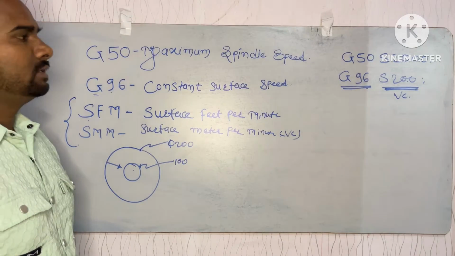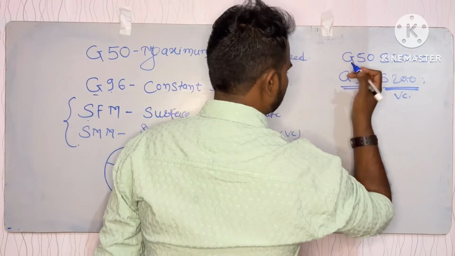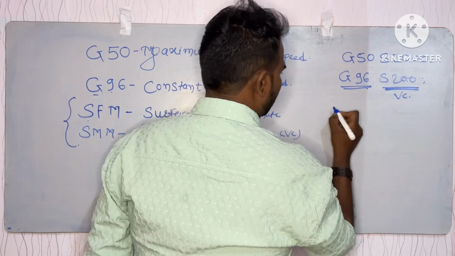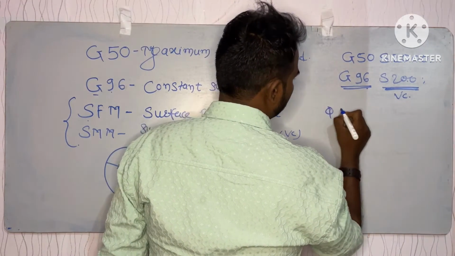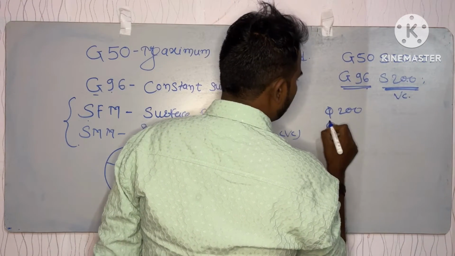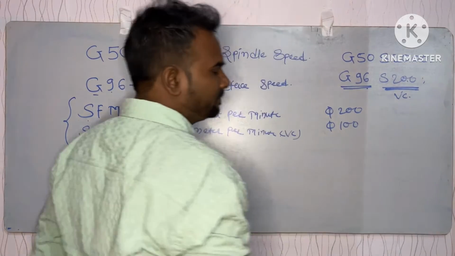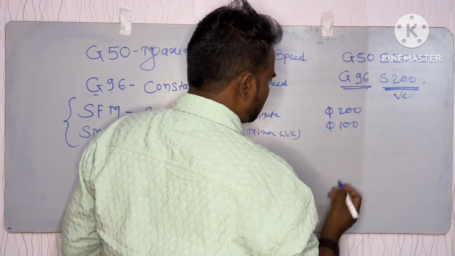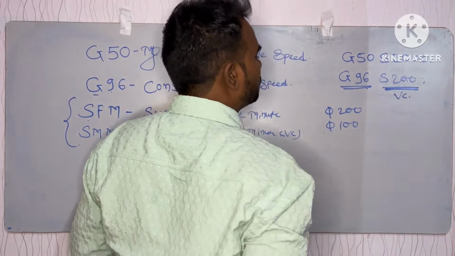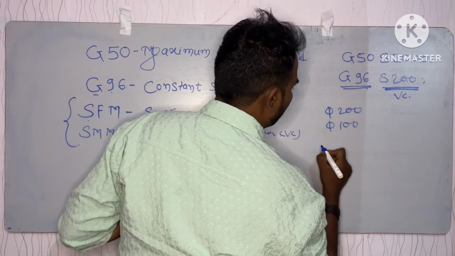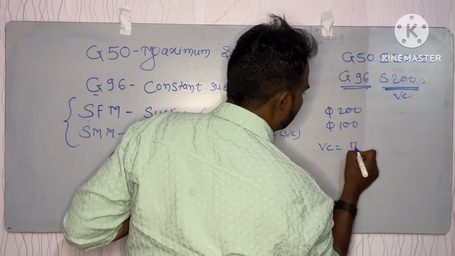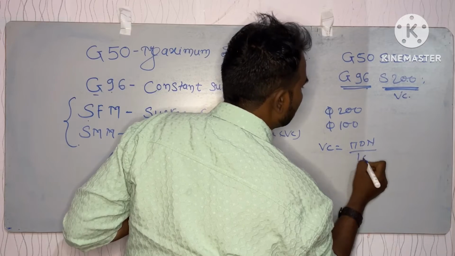then we could not obtain the actual VC. Suppose, for example, we have two diameters, 200 and 100. Now suppose our VC is 200, then what is the formula for VC? VC is equal to pi D N by 1000.